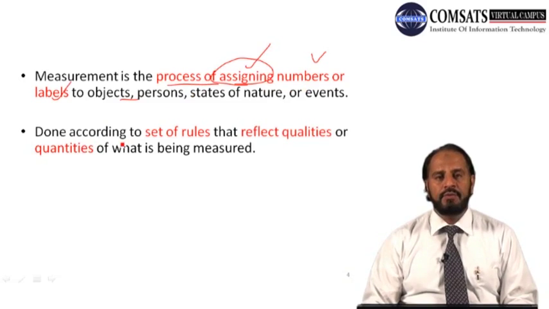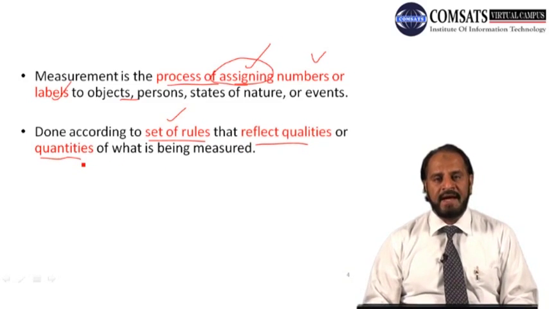This assigning naturally needs to be done according to a set of rules. We need to define certain rules, because at a later stage, if we don't have a specific set of rules, we cannot compare the responses with each other. The rules should reflect qualities or quantities in whatever the scenario is.